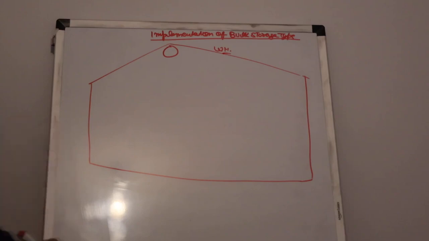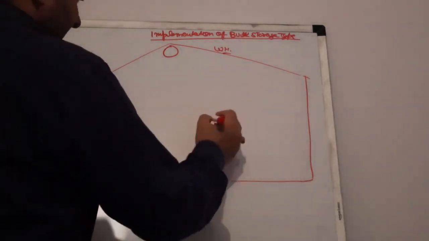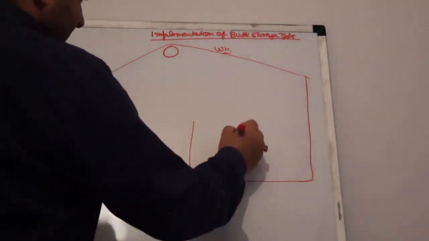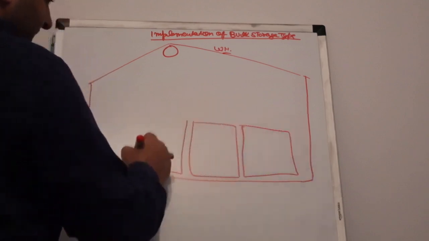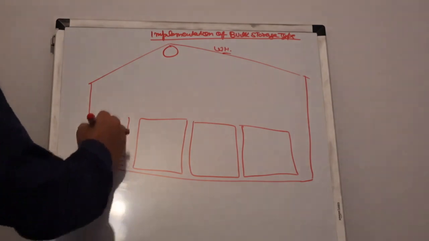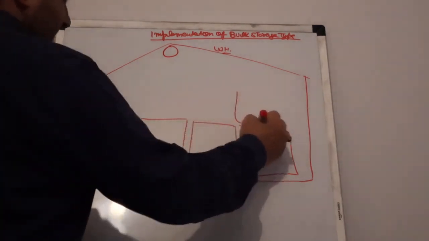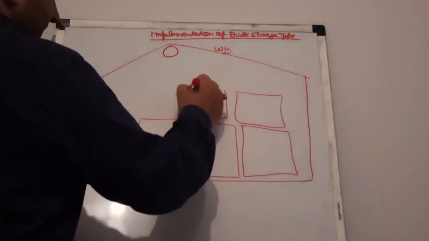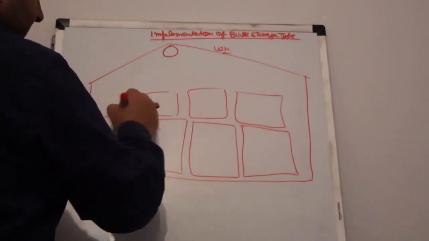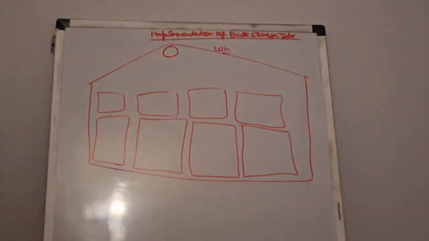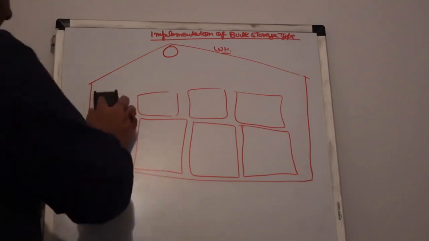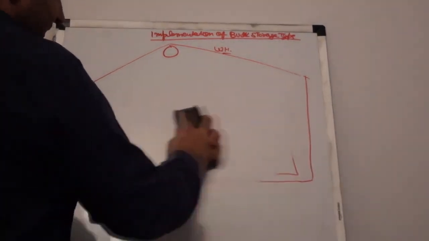In that warehouse we put bags like this. Suppose these are the bags. These are not directly wooden handling units, but these are bags. Some kind of bags we have here. I will reduce the size to make it more understandable.